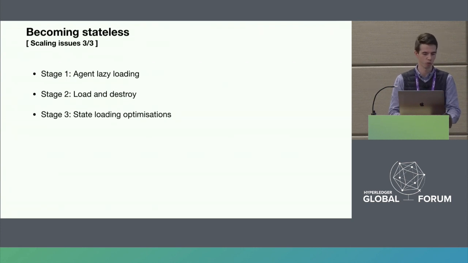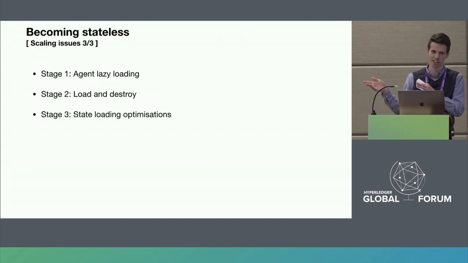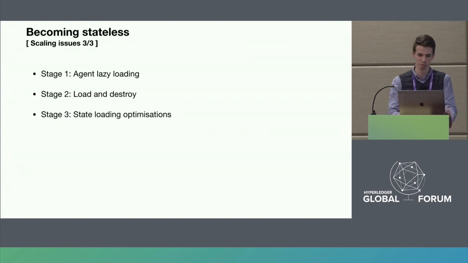This effort will probably have 3 main stages. At first, we just want to get a lazy load, because the way the agency works right now is that at its startup, it tries to load up all the data from the database into memory. And when we are talking thousands of agents, this startup takes literally minutes. So instead of doing that, we want to bring the startup time down to a few seconds.